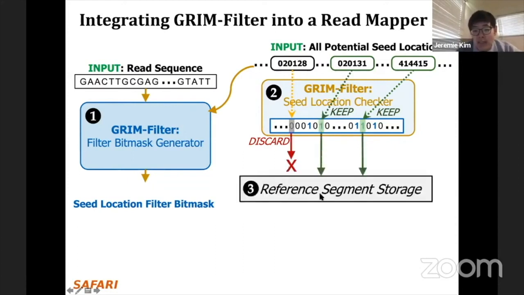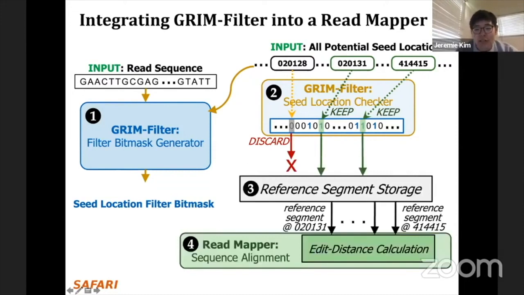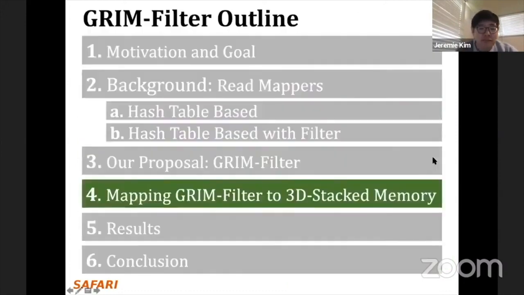We then send these locations to the reference segment storage, which extracts the segments from the reference. And then we finally calculate the edit distance using the Readmapper. Here we see that we're discarding 1 out of 3 of the visible locations, and therefore we're saving time on the actual edit distance calculation. And then we output the correct mappings.